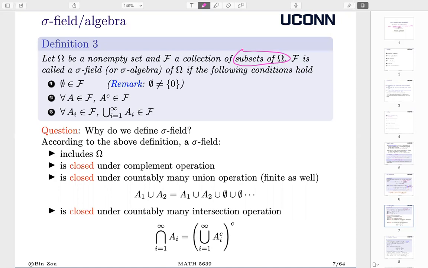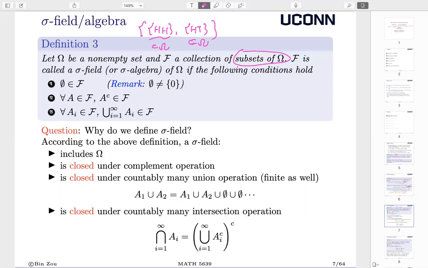Okay. For instance, this is a possible collection, right? Because this is a subset of omega. So this is the notation for subset. The second one is also a subset of omega. I can collect them together. So here, when I collect, I do not collect each element.